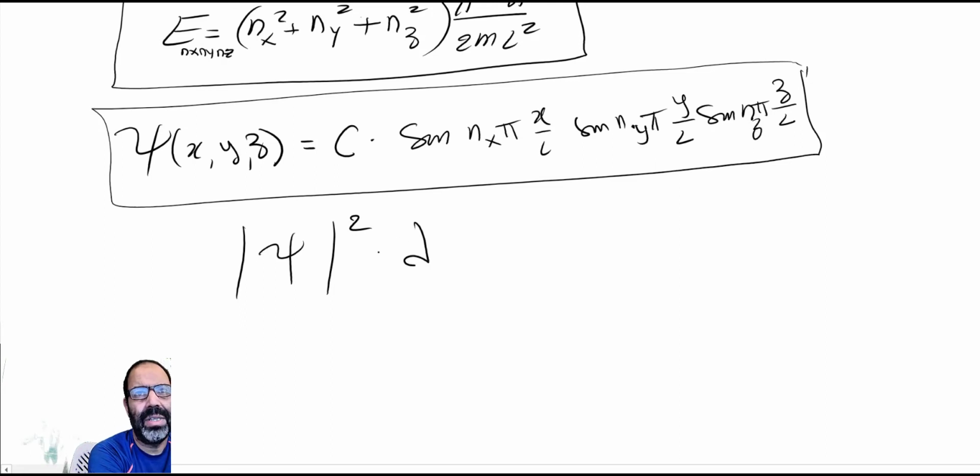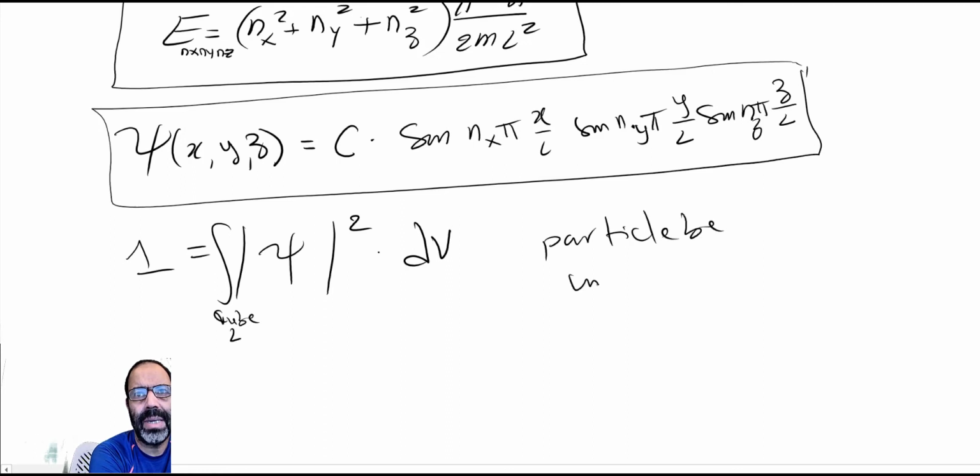Everything is real. The integral over the volume, basically the entire space in here, which is just the cube of length L, has to be 1, because we know that the particle must be inside the cube.